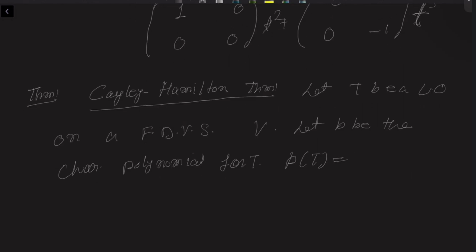P of T is 0. That is, the minimal polynomial divides the characteristic polynomial.